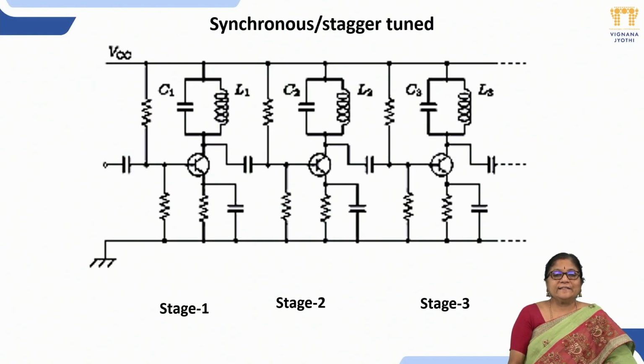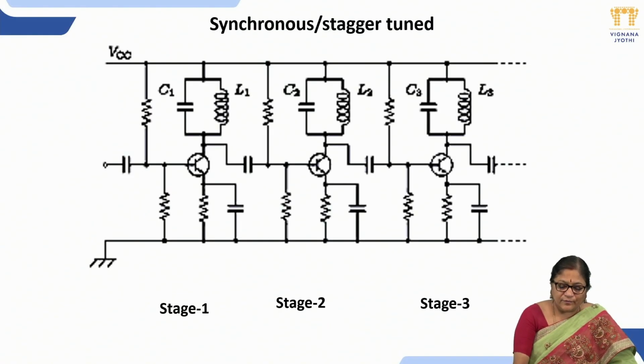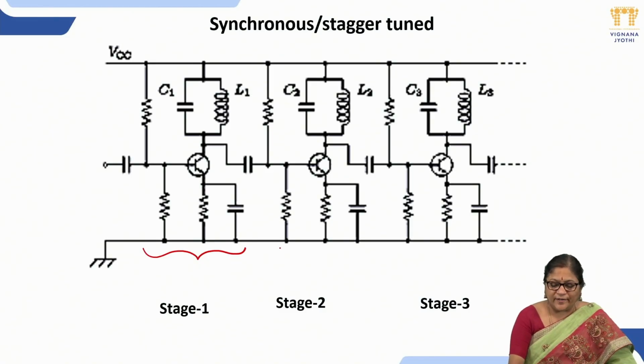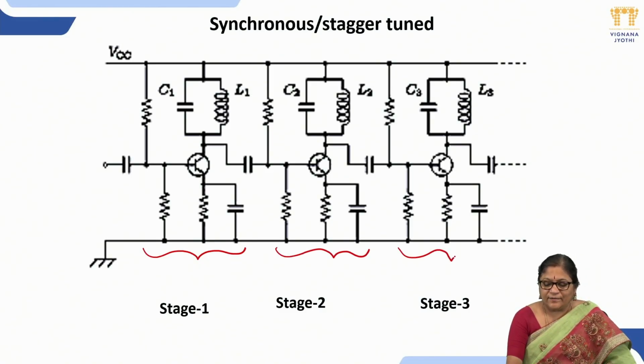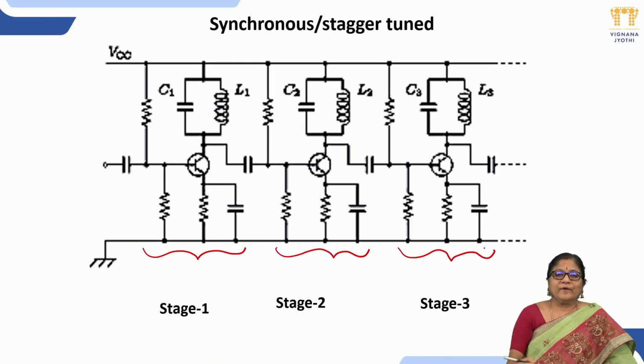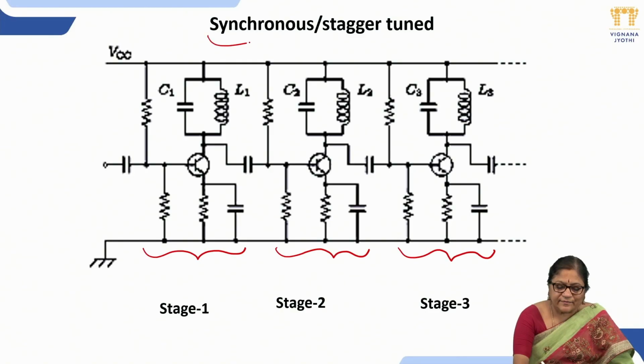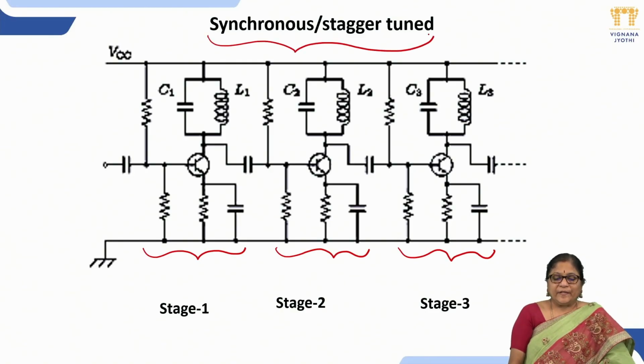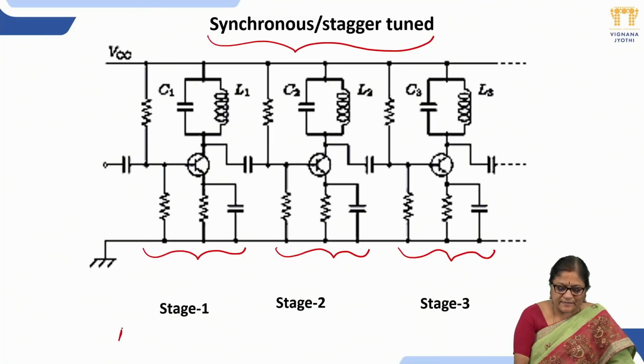Then coming to multi-stage amplifiers, if you see here, a single stage tuned amplifier is connected in cascade a number of times, more than one stage. Then it becomes a multi-stage tuned amplifier, but there are two different kinds: synchronous tuned and stagger tuned. One purpose of having multiple stages is that the overall gain will be increased, or the overall bandwidth will be reduced, or the quality factor will be increased or decreased.